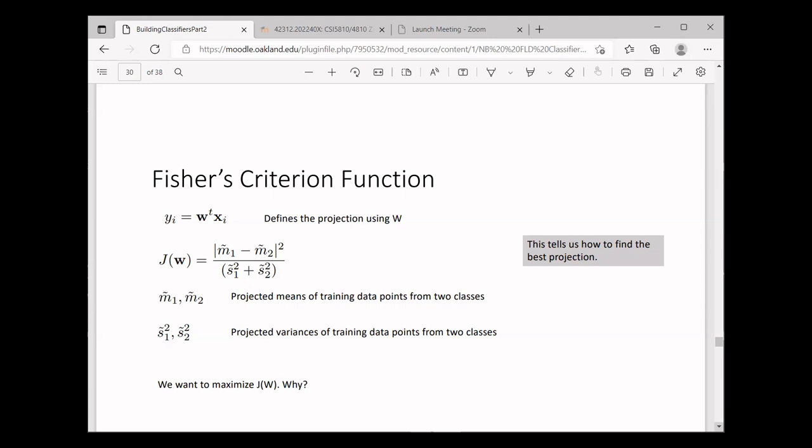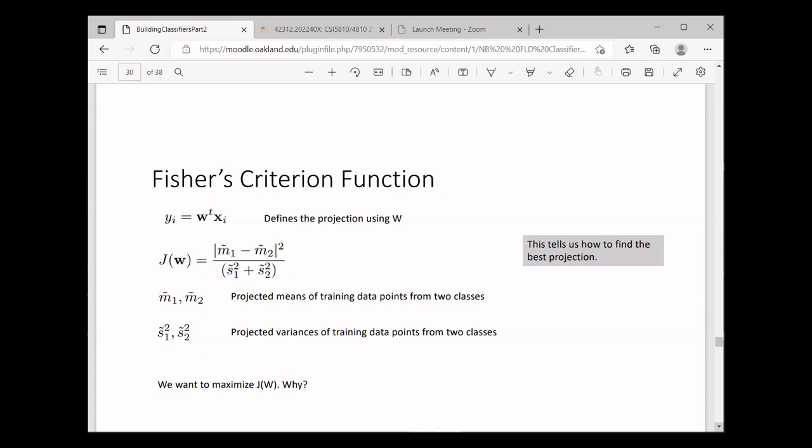So J(W) is m1 tilde minus m2 tilde, difference squared, divided by s1 tilde squared plus s2 tilde squared. So m1 and m2 are the means in the projection space, and the corresponding variances are given by s1 tilde squared and s2 tilde squared.